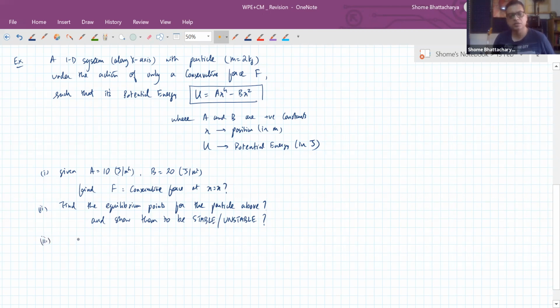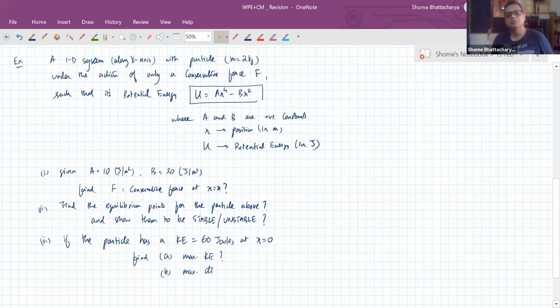And finally, we will see that if the particle has a kinetic energy of, let us say, 60 joules at X equal to 0, find A, the maximum kinetic energy, and B, the maximum displacement from X equal to 0.